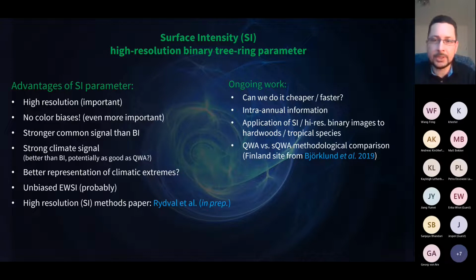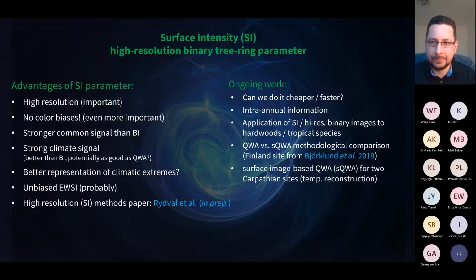And ultimately, it would be really nice, I think, to do a QWA, quantitative wood anatomical comparison with the surface reflected light version of a similar data set, looking at how well we can represent the anatomical structure and how the data sets compare, the regular wood anatomical, traditional approach versus something from the reflected light version of the images.